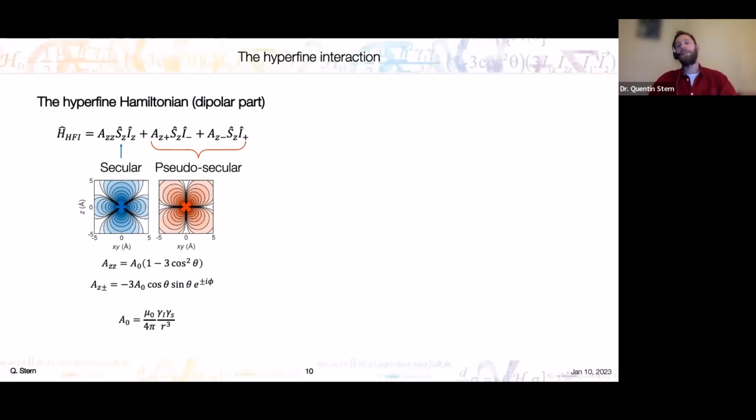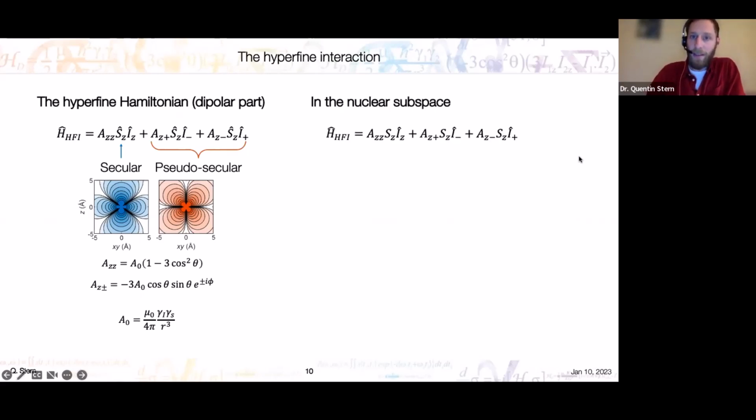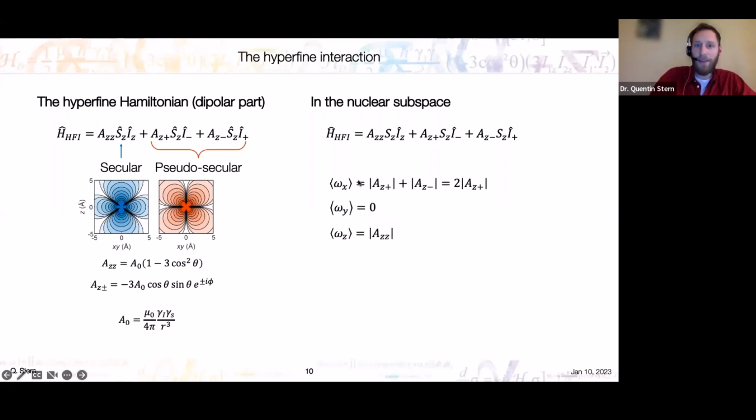But because we are using this random fluctuating field model, we will not treat the electron as a quantum mechanical object. And so in the nuclear space, we can replace the Z operators simply by the expectation value. Now, with this, we can calculate the nutation frequencies, the amplitude of the perturbation.